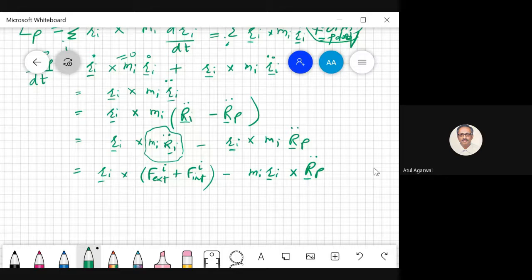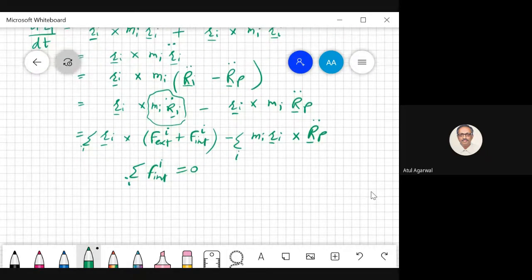Now we are doing summation over all the particles. So what happens to this sigma F internal i? This will be 0 because internal forces act in pairs, and they are equal and opposite. So all of them will sum to 0 if you sum them over all the particles. So what are you left with?